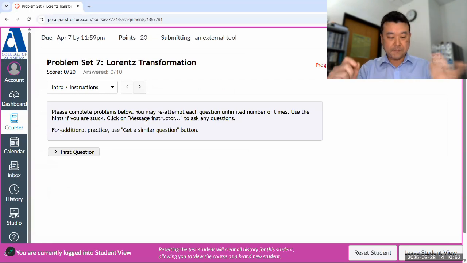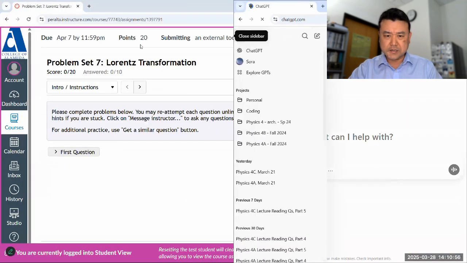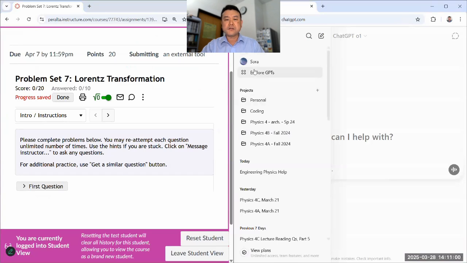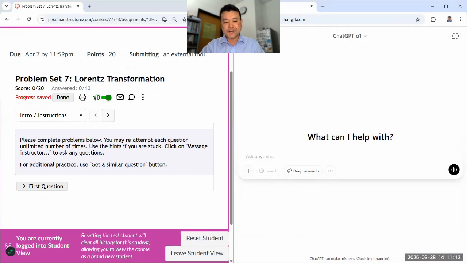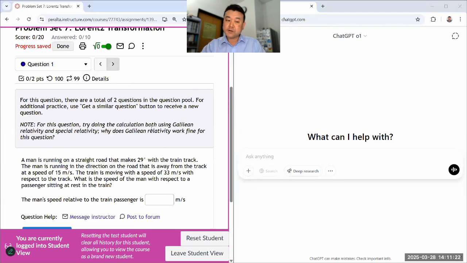So let me bring up ChatGPT, and I think I've done this before, but let me just do it again as a reminder. The main value of ChatGPT is that it's an interactive virtual tutor. And unless you take the care that I ask you to take, it's not going to be a good virtual tutor.